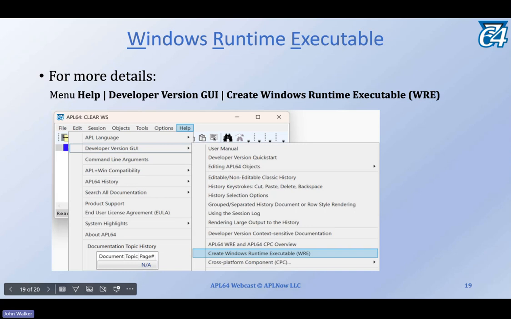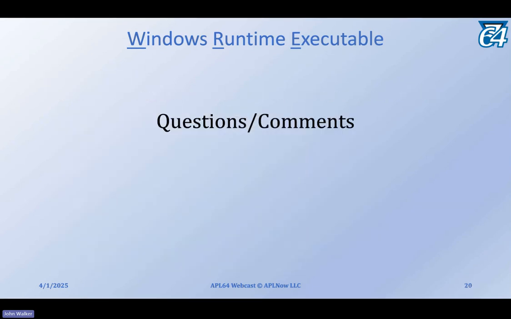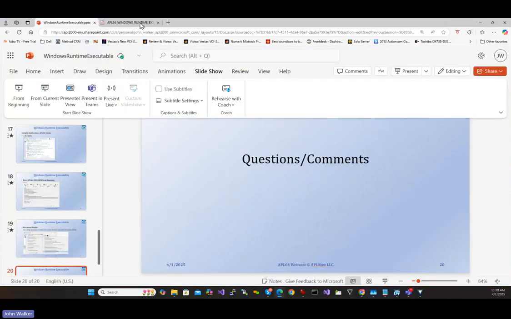And upon doing that, you should get the following document to appear. I'll display it in a second because I'm still running the script here. So let me just continue on. Questions and comments. Okay, so let me just close this and just stop that for the time being.